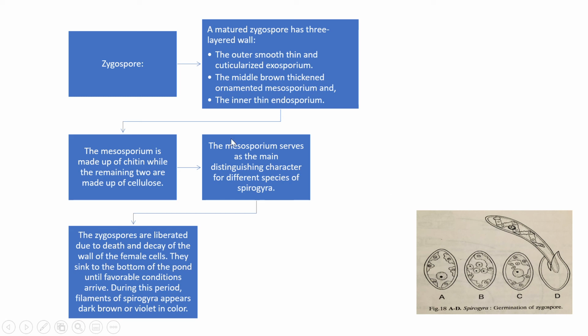The mesosporium is made up of chitin, while the remaining two, the exosporium and endosporium, are made up of cellulose. The mesosporium serves as the main distinguishing character for different species of Spirogyra.